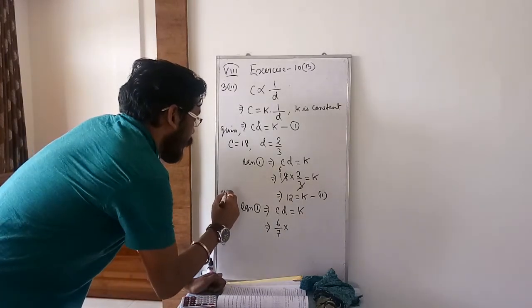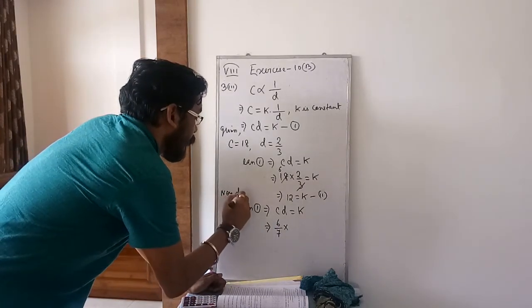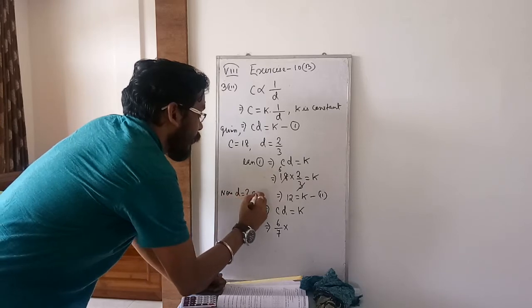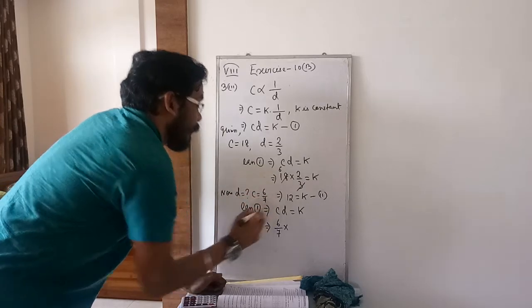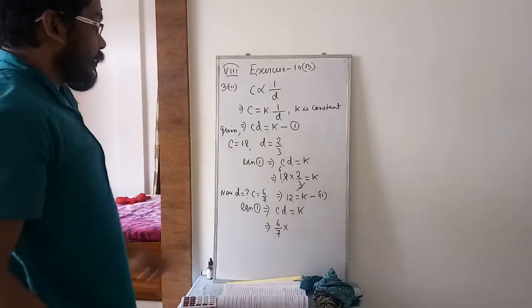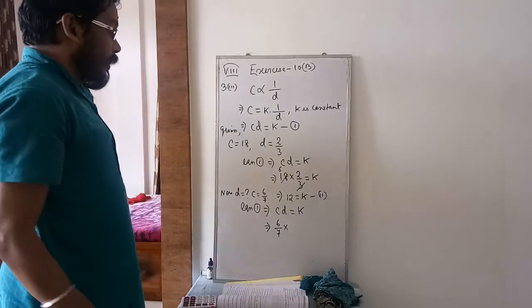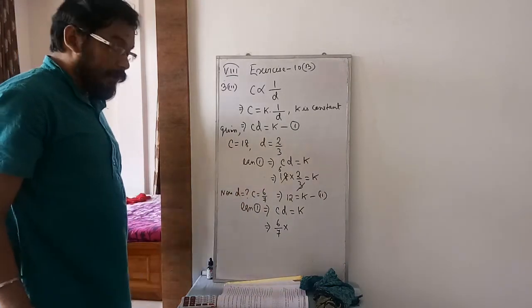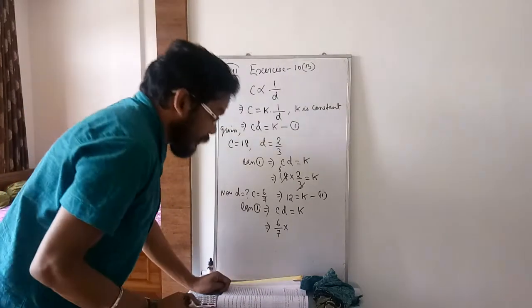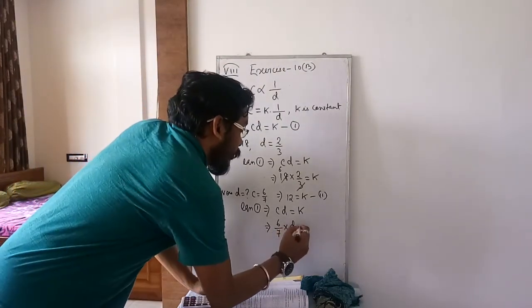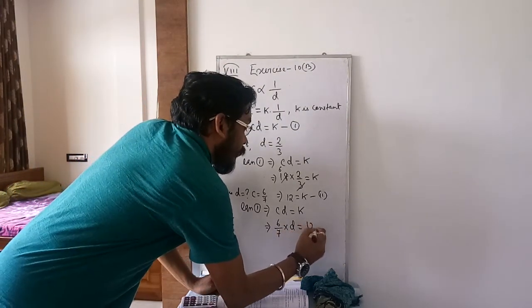You can write here now D equal to question mark and C equal to 6 by 7. Why question mark? Because D value you have to find out. So C is 6 by 7, D you don't know, and your K is 12.